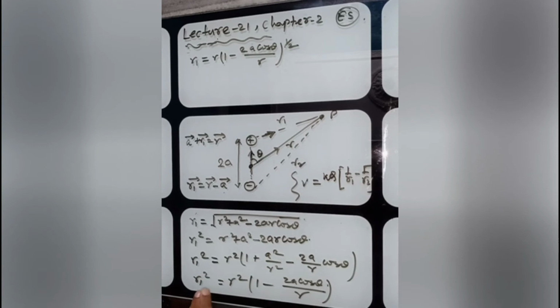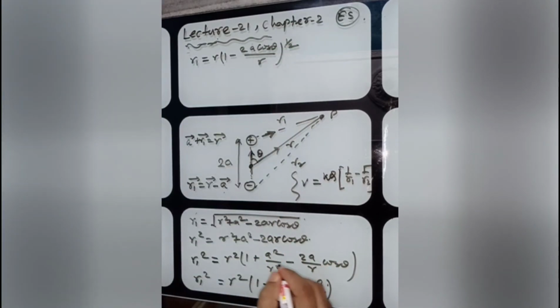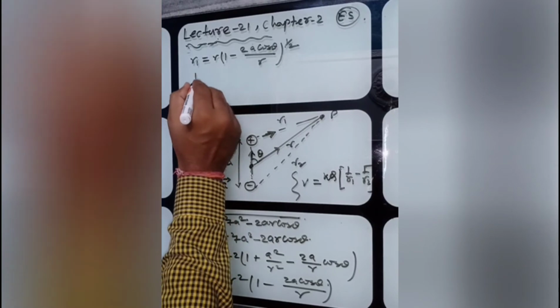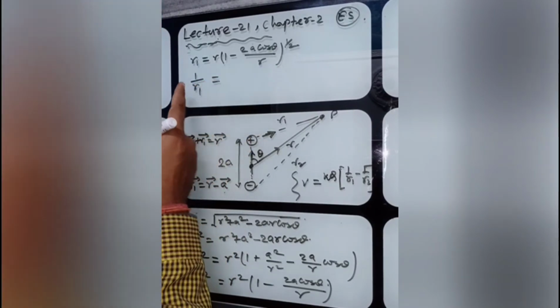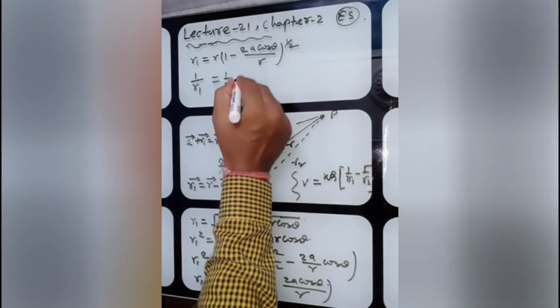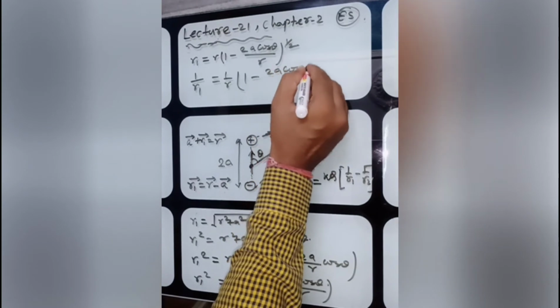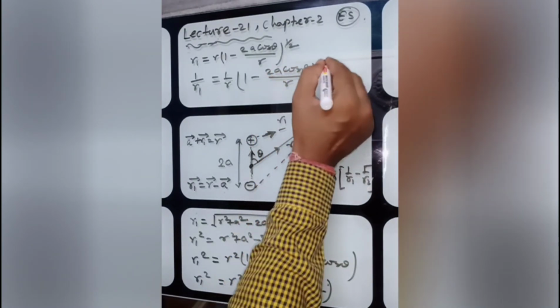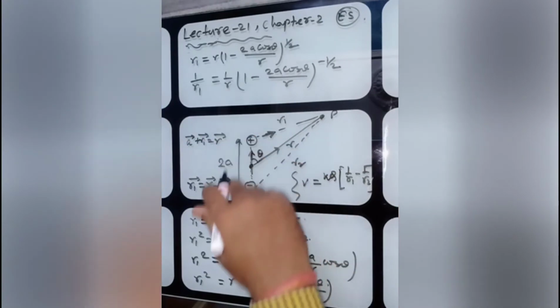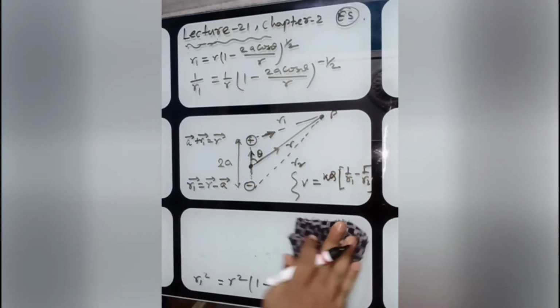Taking the square out, it will be in root under, and R square comes out from the root, but it is in root, and that root can be written as the power 1 by 2. Now 1 by R, we are doing the reciprocal. This will be 1 by R, and this will be 1 minus 2A cos theta over R, to the power minus 1 by 2. If you reciprocate, then it looks like this one. I'm erasing this one.